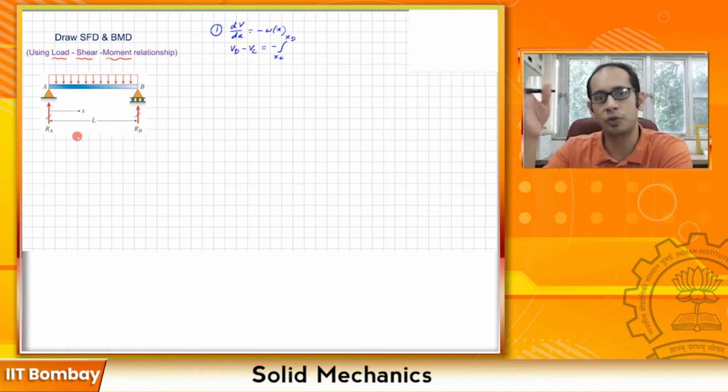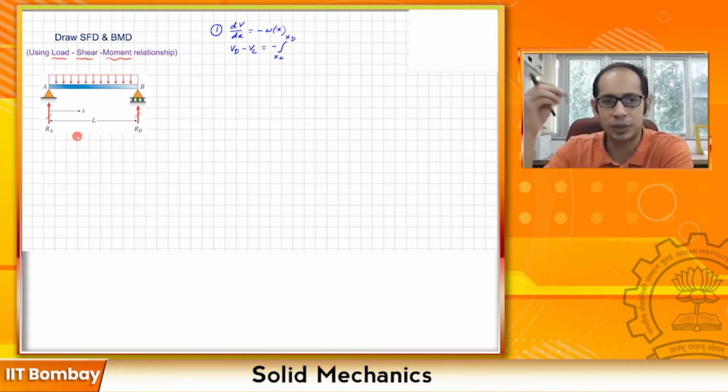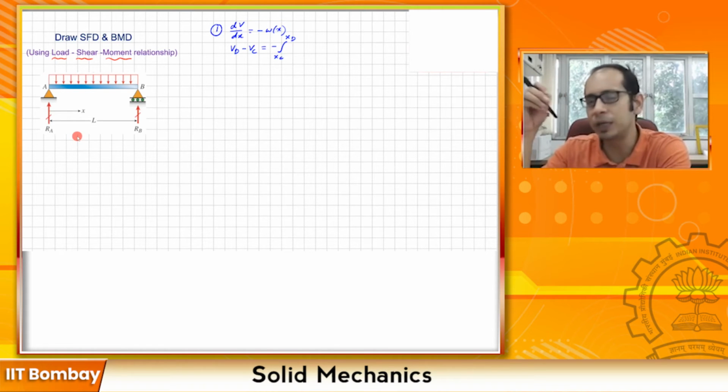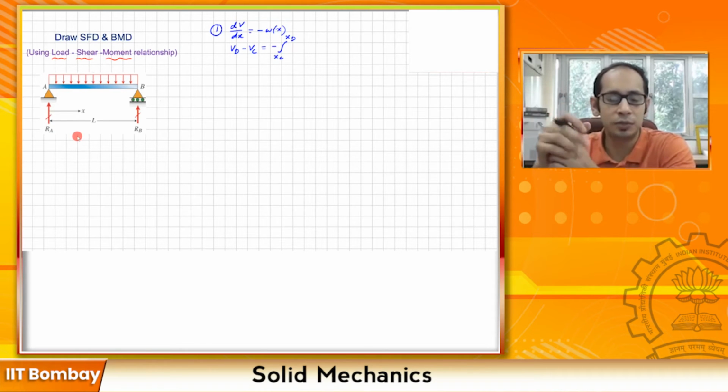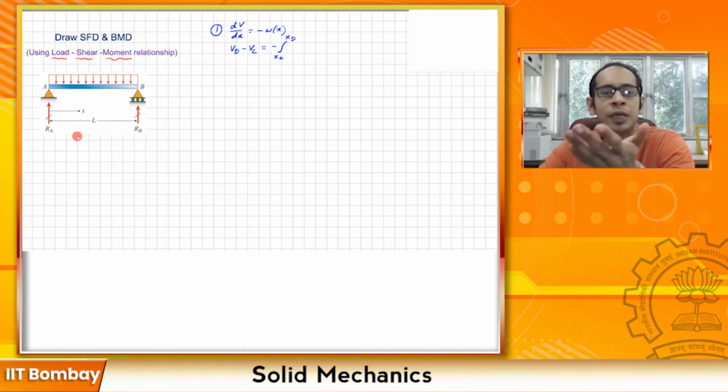The point D was always to the right of the point C. You can use the relationships by going from right to left, but then the signs and everything might change. So I highly recommend that when you use these relationships, you always go from the left to the right of the beam, and you will see that it really doesn't matter whether your structure is complicated on the left-hand side or has more loadings. It gives you a very nice way to solve the problem.